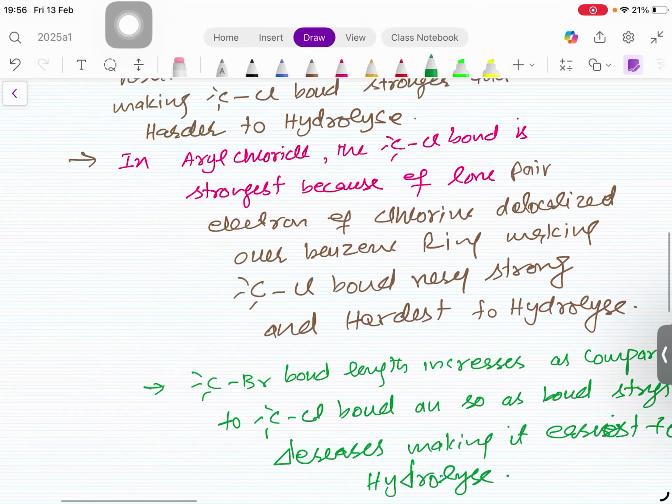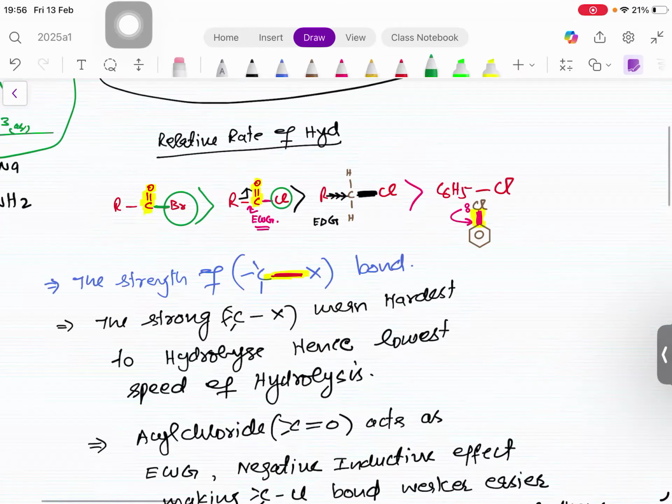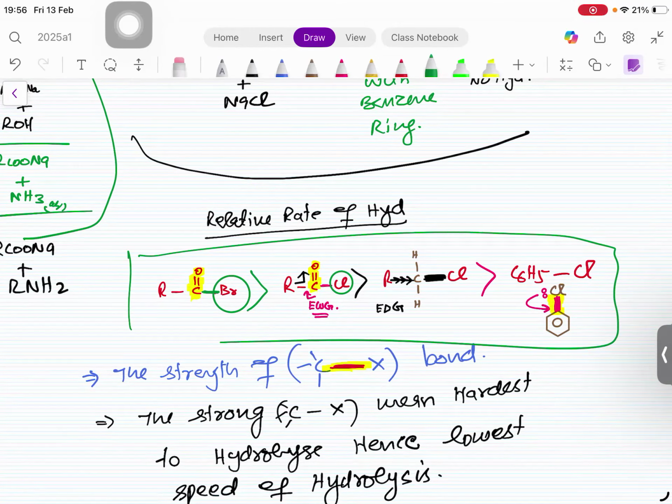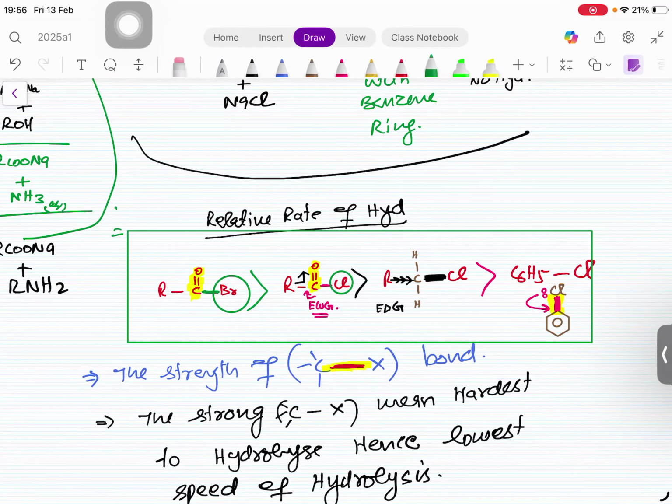Okay, so the easiest, this is the order of hydrolysis for these compounds. This is easiest and this is the hardest.